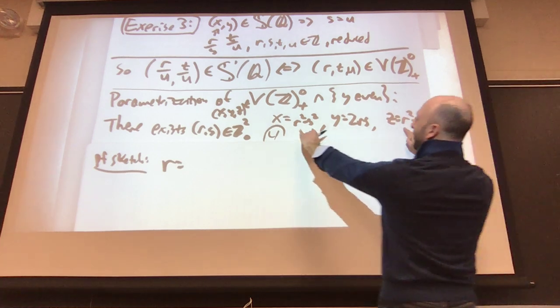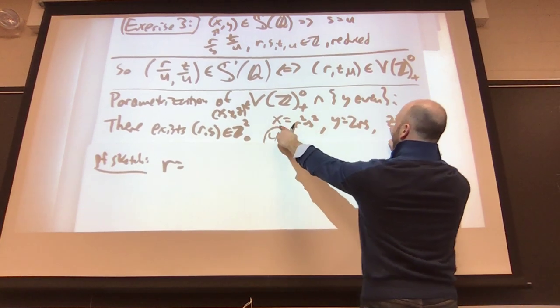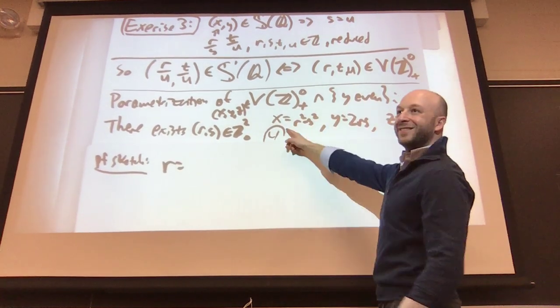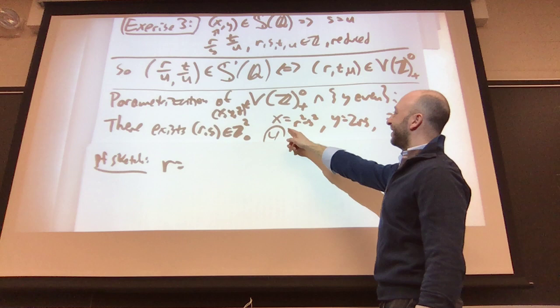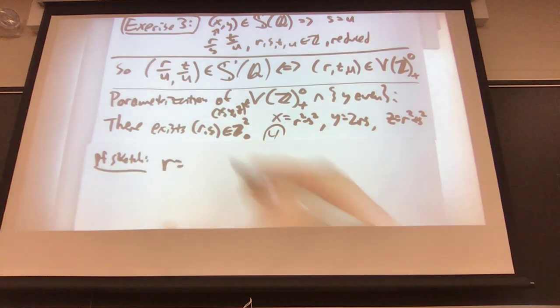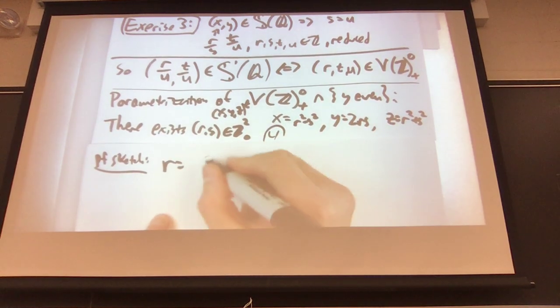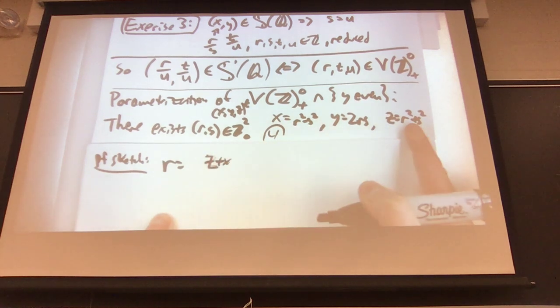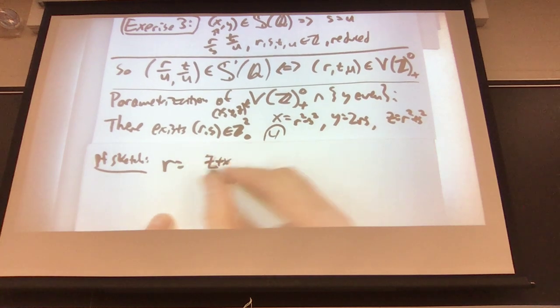But if you just look at the formula, so what is z plus x? It's 2r squared. So z plus x over 2 is r squared. So z plus x over 2 square rooted is r.